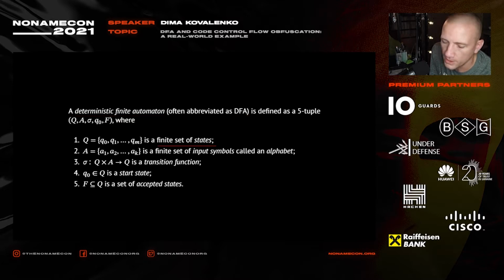Let's denote it by Q. A finite set of input symbols, an alphabet. Let's denote it by A. A transition function sigma that maps a state and input symbol pair to the set of states. We also need a start state Q0 and a finite set of accepted states F. The set F should be a subset of Q.